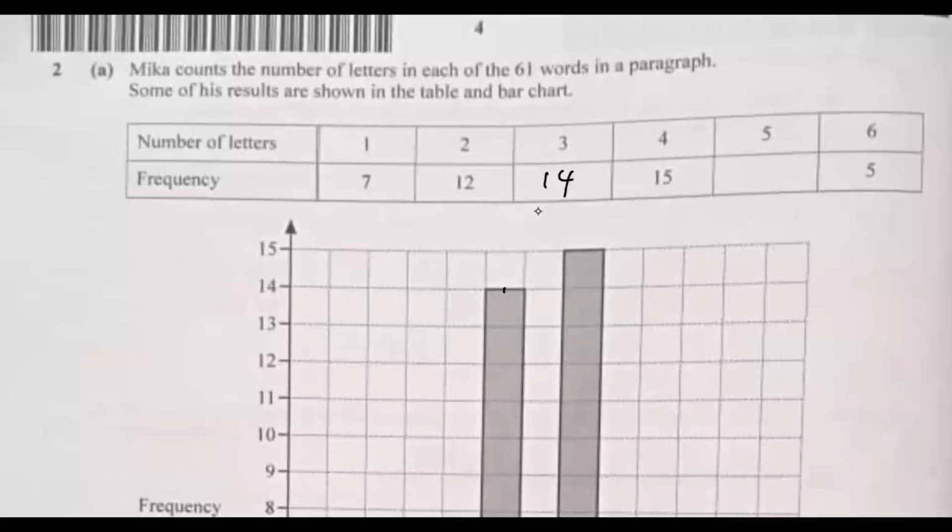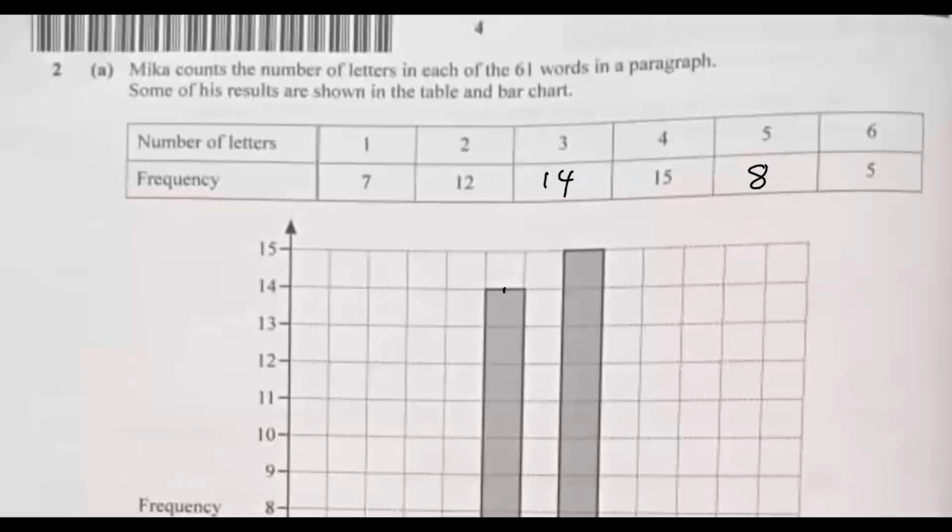So you take your calculator and press 61, take away 7, take away 12, take away 14, take away 15, and take away 3. So you should get 8. So 8 will be the frequency when the number of letters is 5.